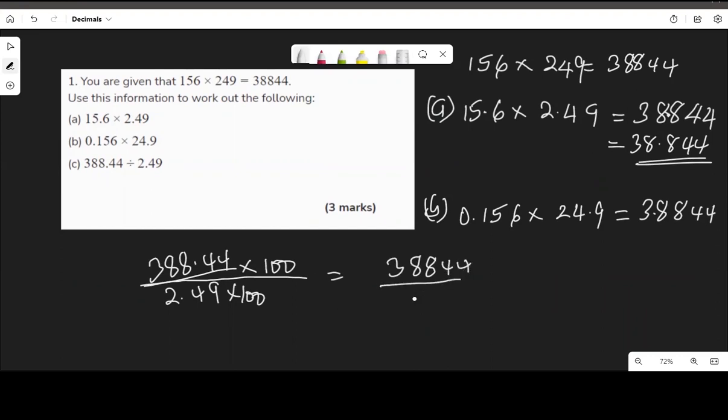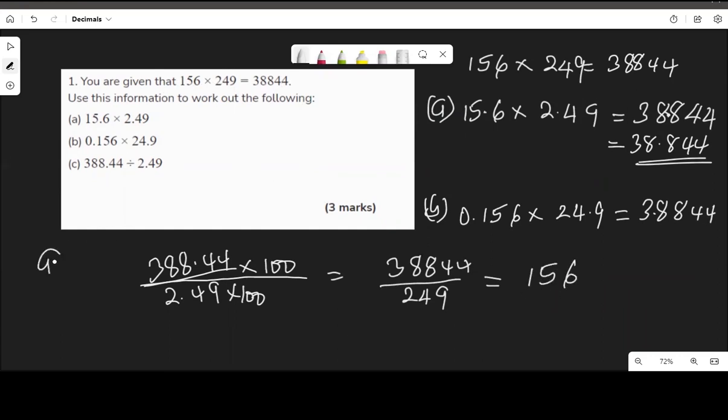38844 over 249. Of course, if 156 multiplied by 249 is 38844, then 38844 divided by 249 should be equal to 156. So without a calculator, we have solved this problem, 156.